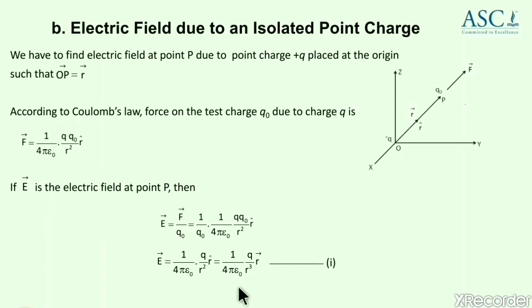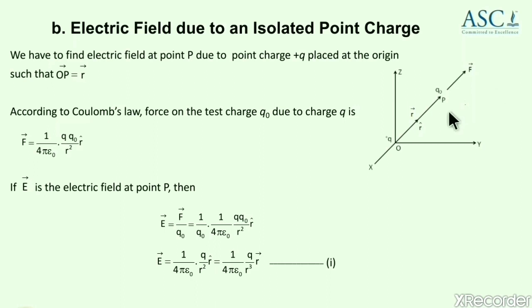That is what I have substituted here, and we end up getting the expression 1 by 4 pi epsilon naught Q by R cube, because this R square and that R get multiplied, and in the numerator you have R vector. This is also one more form of expression for the field. But mostly if you remember 1 by 4 pi epsilon naught Q by R square into R cap, it is enough, and this, as I told you, includes magnitude and direction.